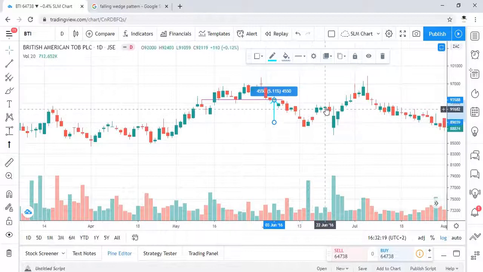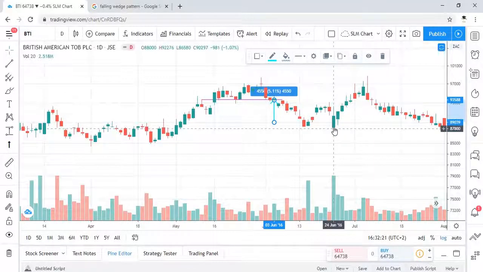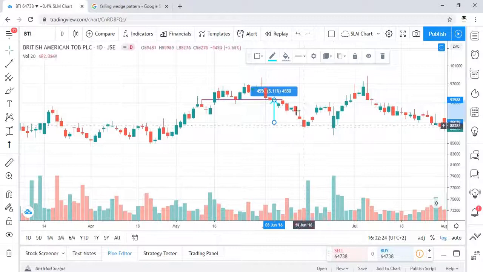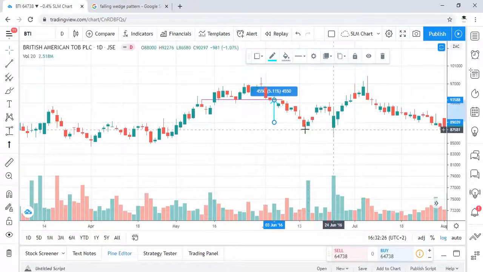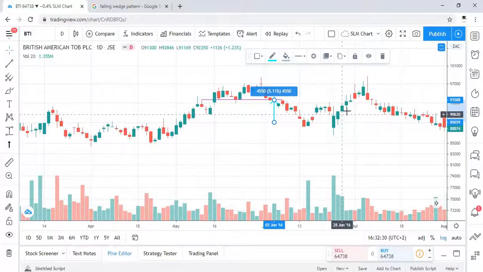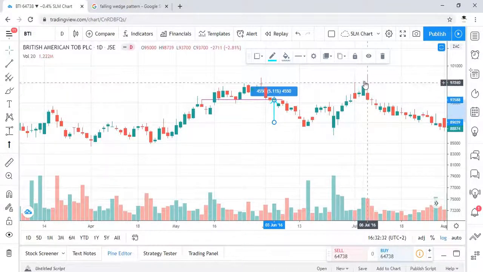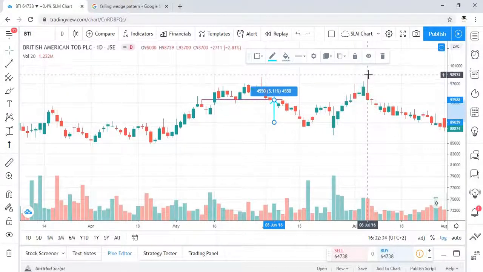Then the price resumed to the upside, where it came down again and tested that. So here we can see that there was also a double bottom that formed, which then triggered the price to move upwards all the way to this point, which was the highest.